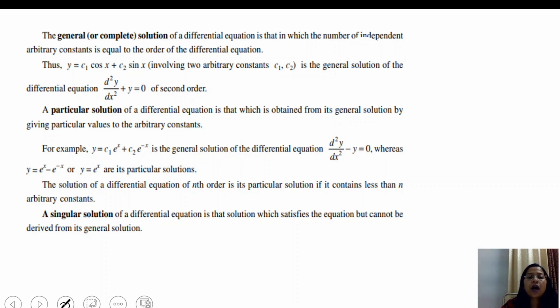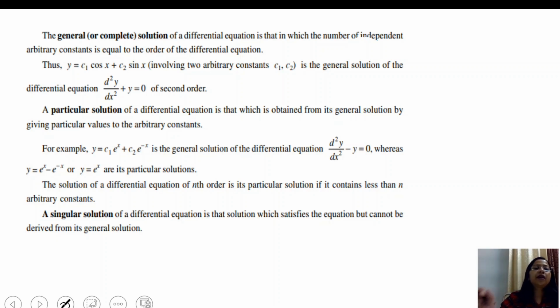I will make this point more clear. If I am having an nth order differential equation, then its general solution should have n arbitrary constants. Then that would be known as the general or complete solution.